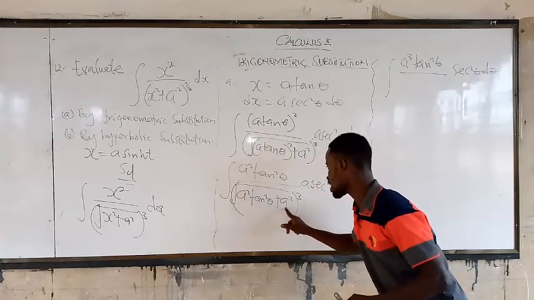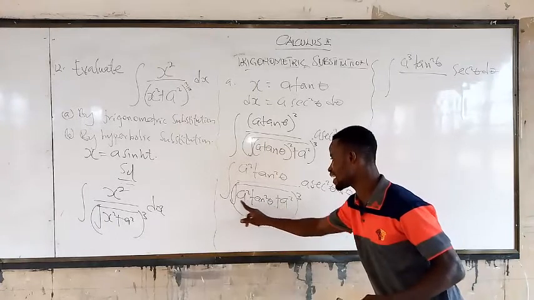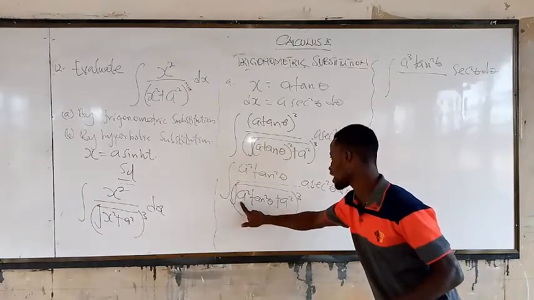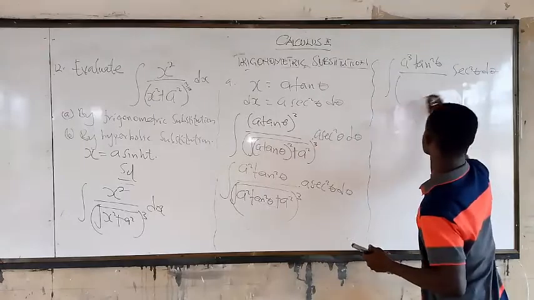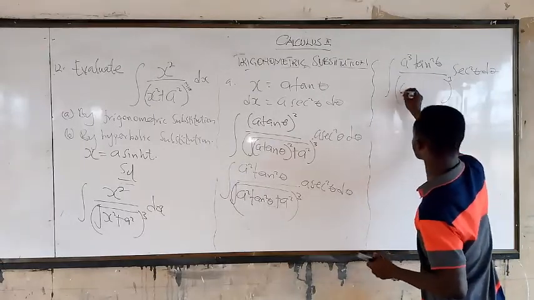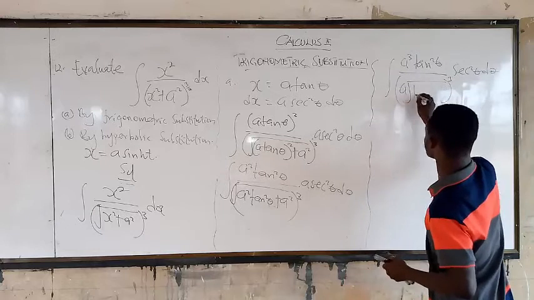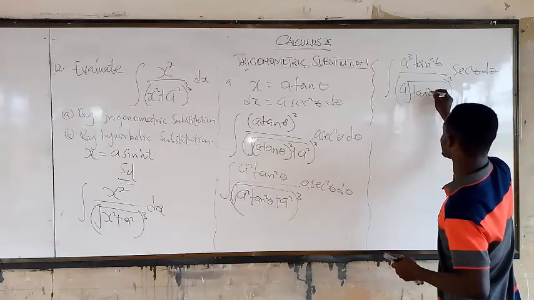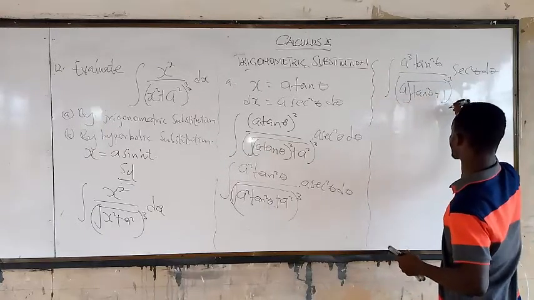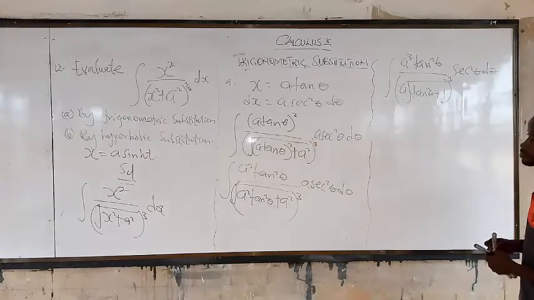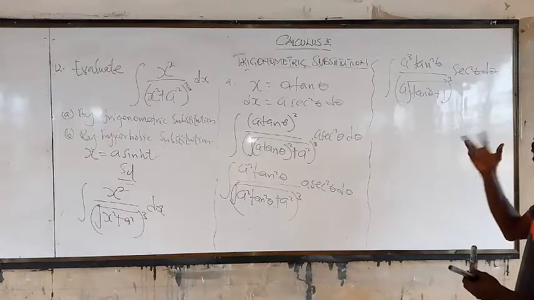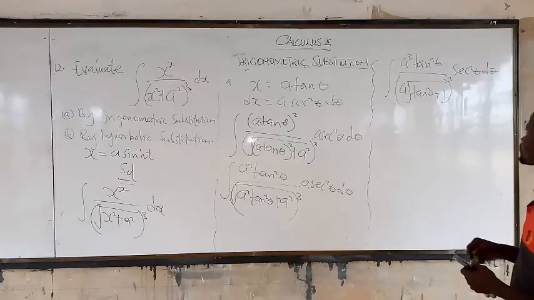We have a squared here and a squared here, so we can factor the a squared out. When we factor out and take the square root of it, it will still be inside the bracket, and we get this to be tan squared theta plus 1. So that is exactly what we have now.